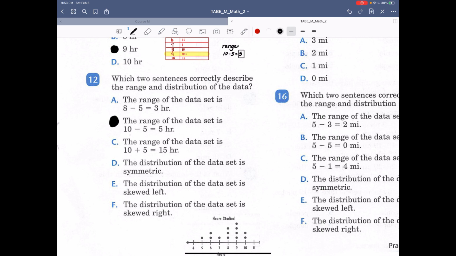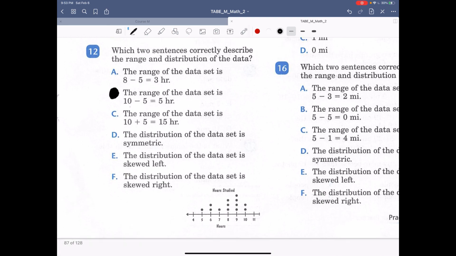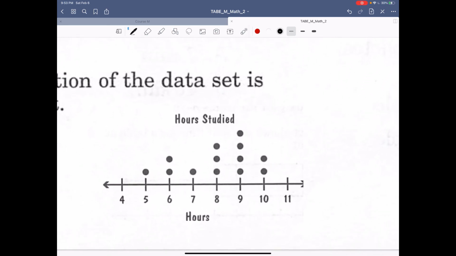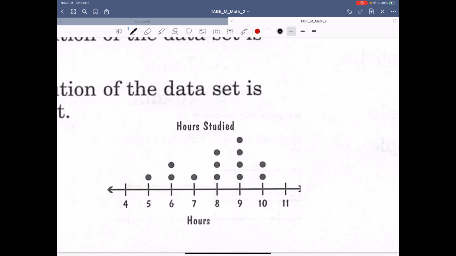Now, let's talk just a little bit about distribution. If you look at your data, which would be the hours studied, I want you to visualize, or you can draw with me, the halfway point on this line. Halfway would be right here. That is cutting the number line into halves. So, is this distribution balanced?